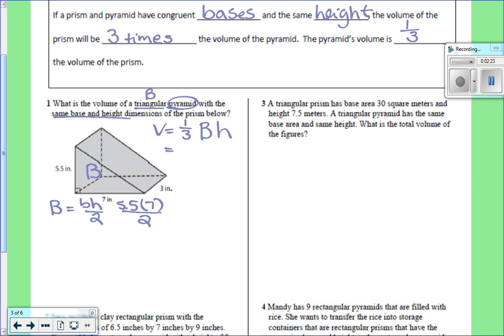And your calculator, what do we get? 9.625? Good, you got it. 19.25. Okay, how do we know what our height is? Good, our height connects our 2 bases. So our height is 3. So now let's substitute in our numbers.